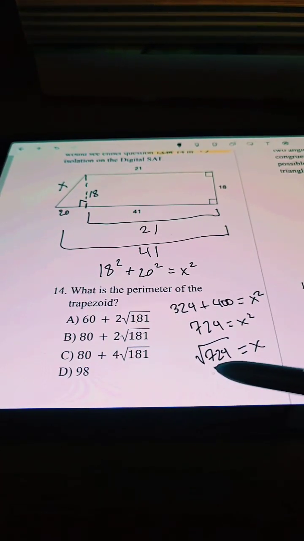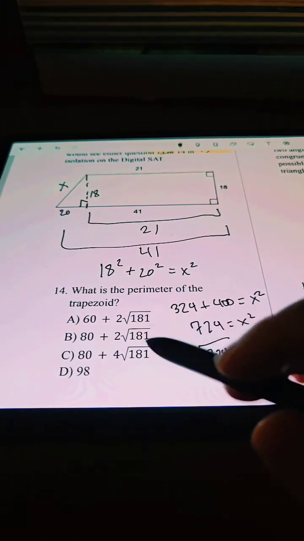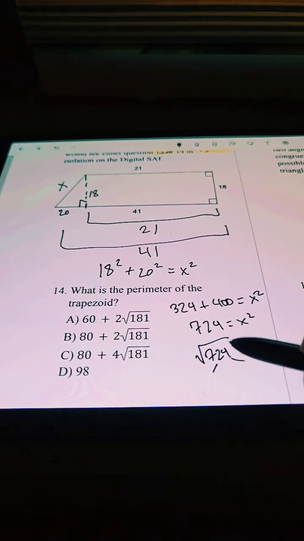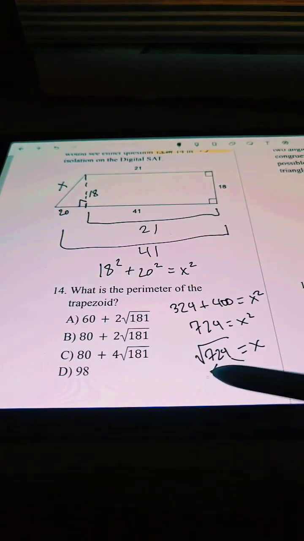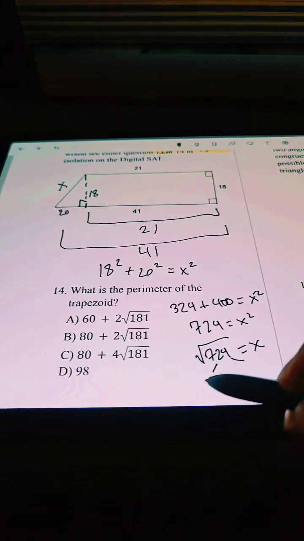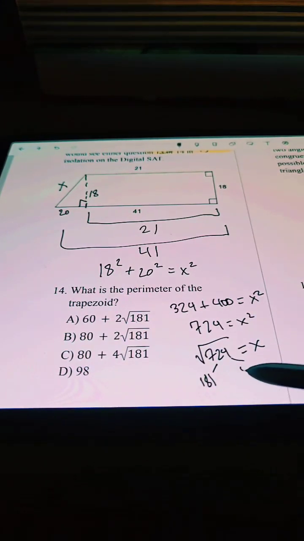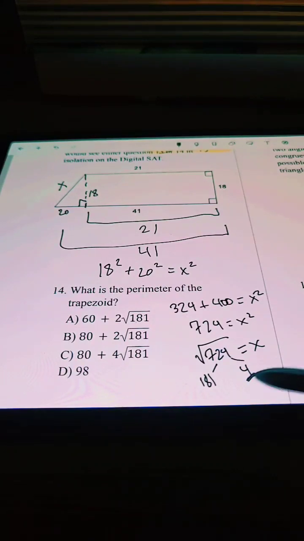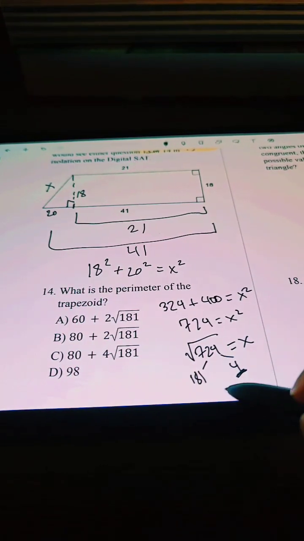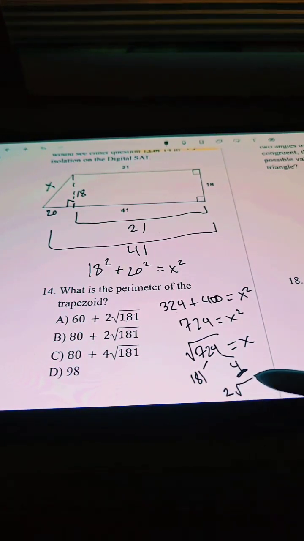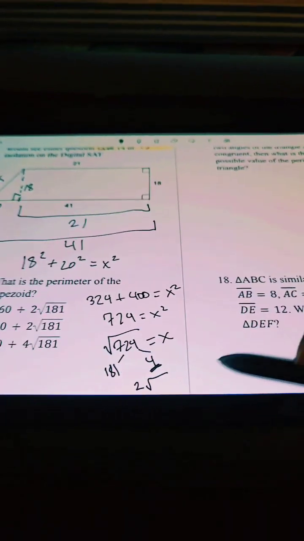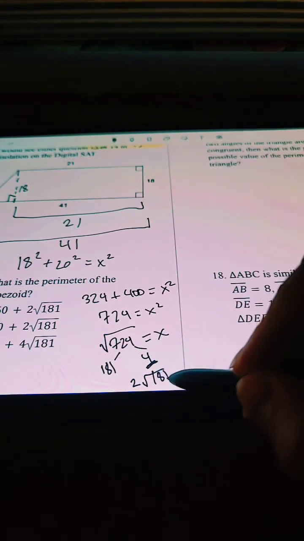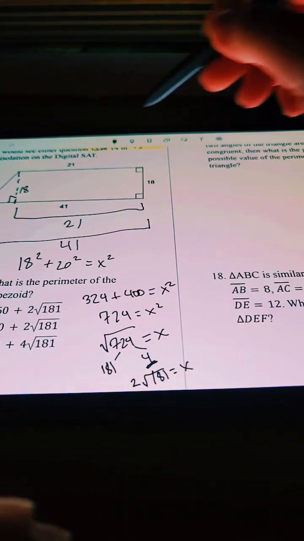And let's see, that's probably going to have a root 181 based off the answer choices, possibly. Let's see, 181 times 4. Yeah, 181 times 4 gives you that. So then I could take out the perfect square, because square root of 4 is just 2. So x is equal to 2 root 181. Sorry about that.